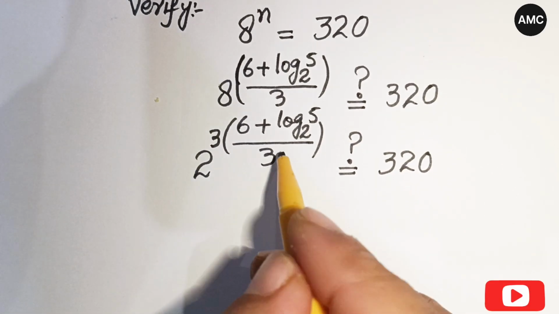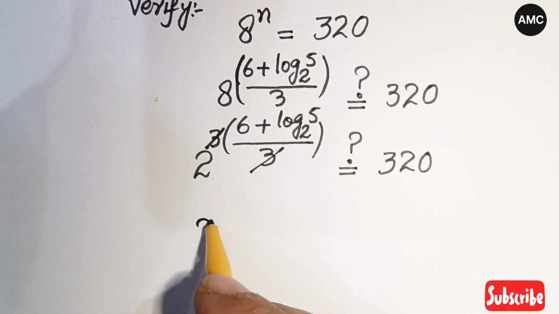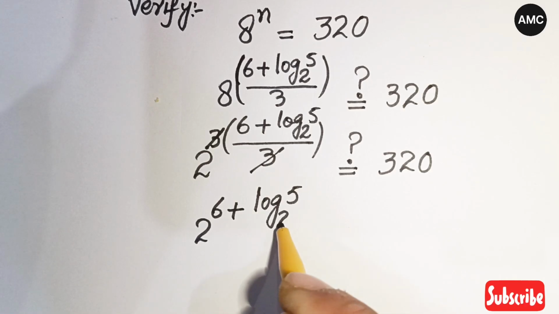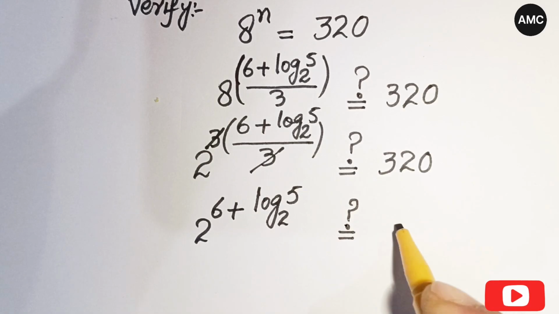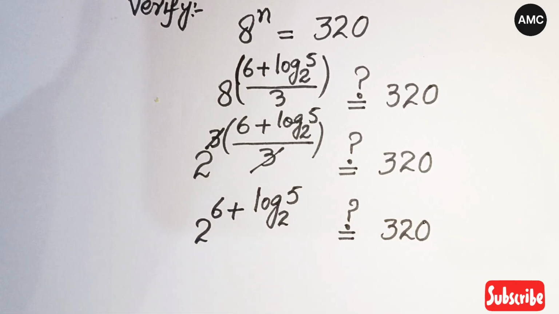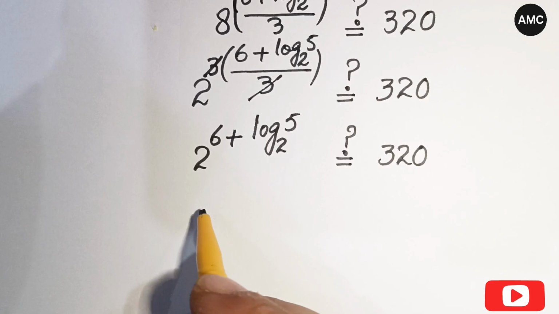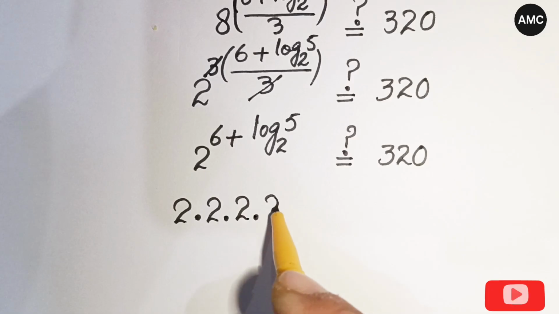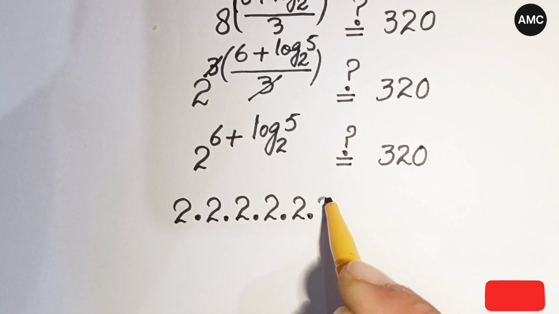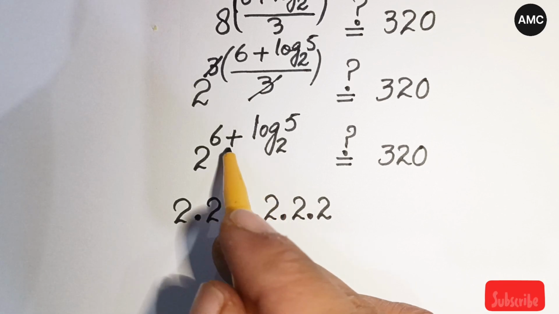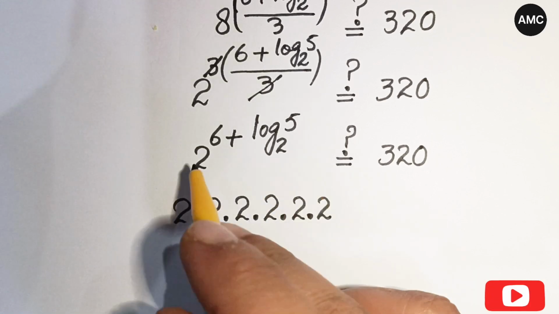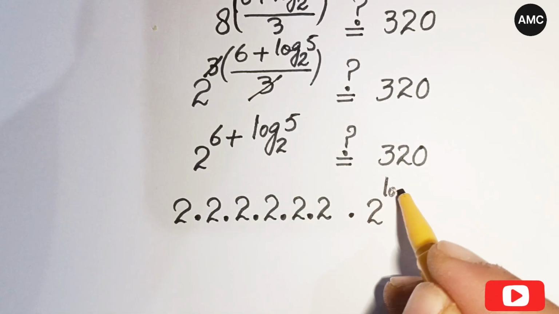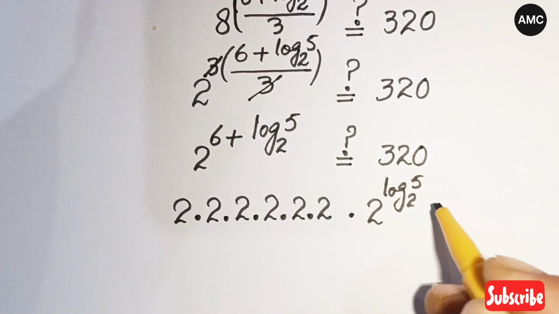Now this 3 is cancelled out with 3. We get 2 to the power 6 plus log 5 to base 2. So 2 to the power 6 can be written as 2 times 2 times 2 times 2 times 2 times 2, and times 2 to the power log 5 to base 2.